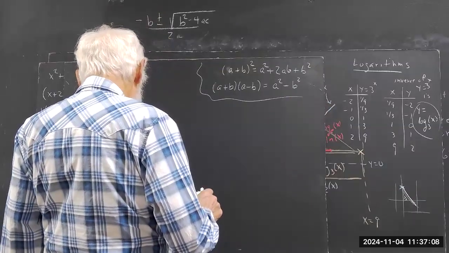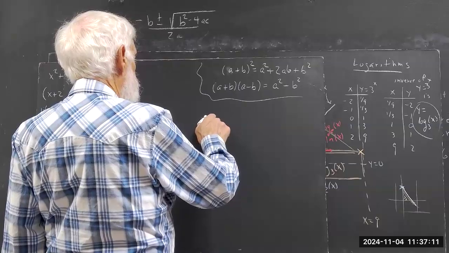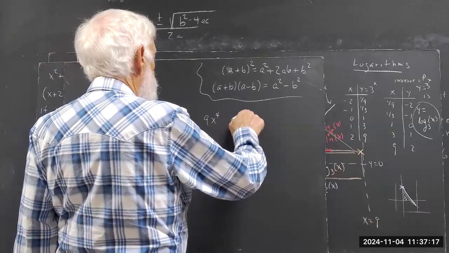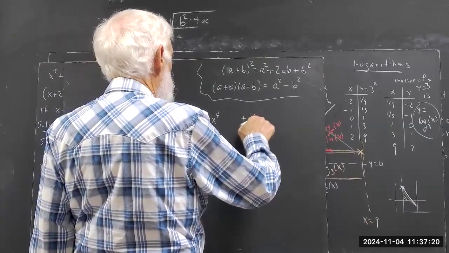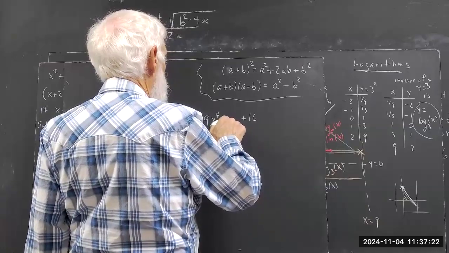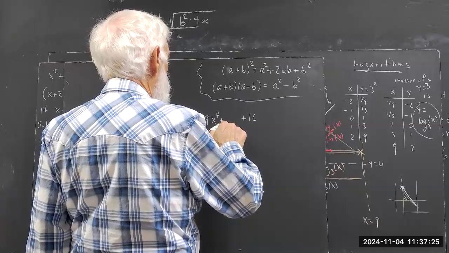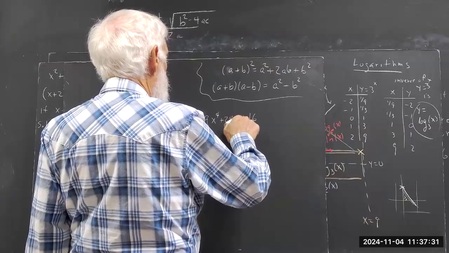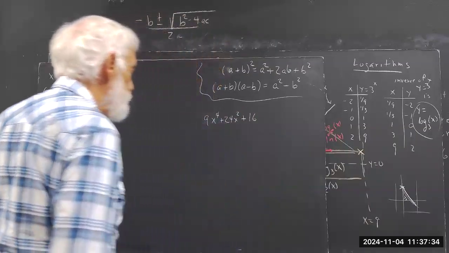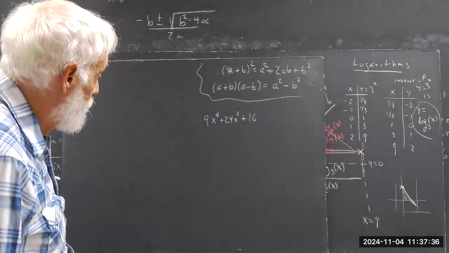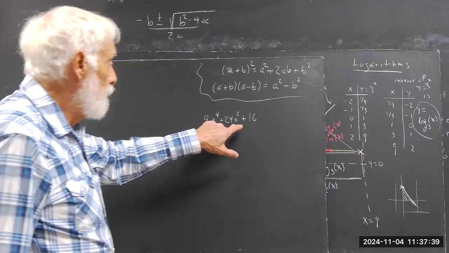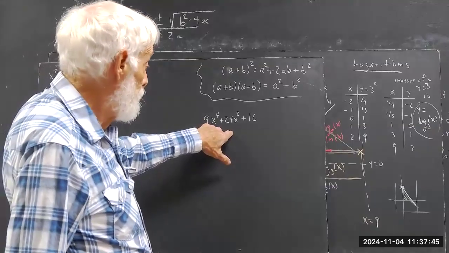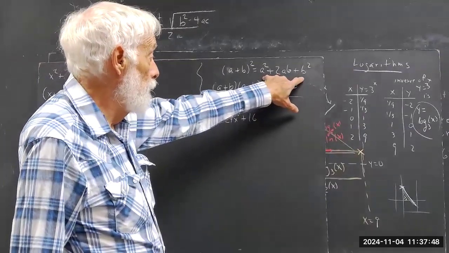Okay, so let's say I've got this expression. Now, if this is a square of something, then it's going to be of this form.